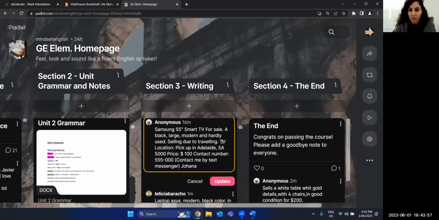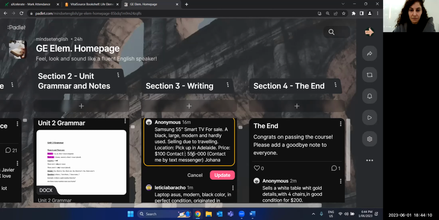So maybe we can just take off TV location, pick up in Adelaide, SA. You can just put in Adelaide. Price, $100. Contact, this number. Contact me by text message, Joanna. Good.